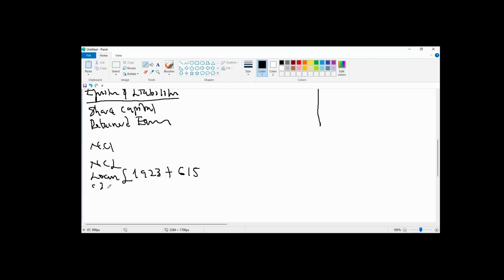Current liabilities: trade payables, 1,249 plus 1,157, and tax liability.